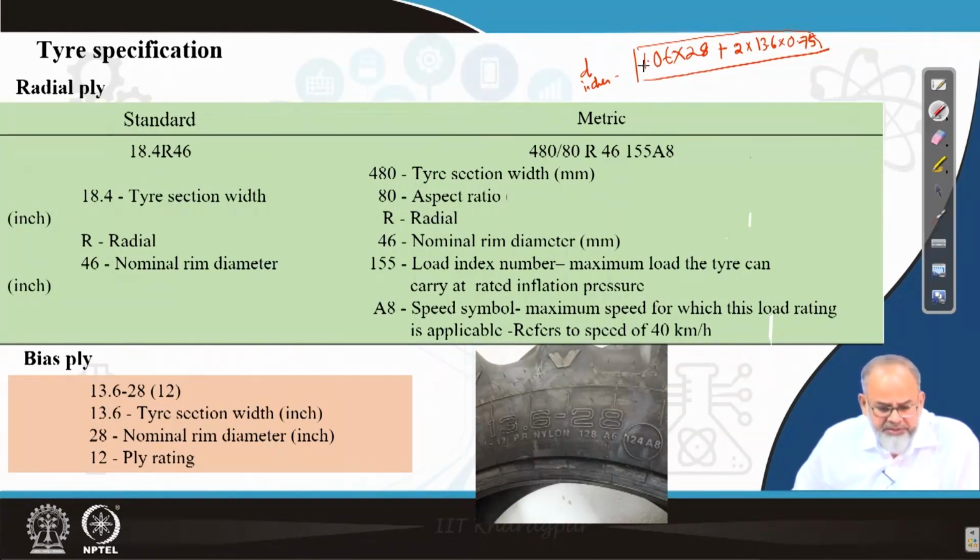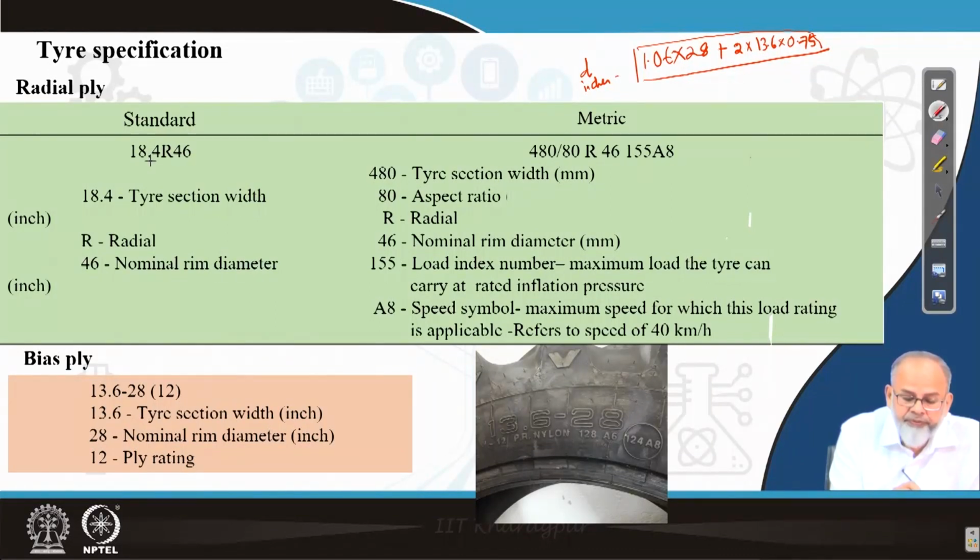Now if you look at the tire specification, radial tire, it is mentioned like 18.4 R46. So the difference between bias ply tire and radial tire is, in bias ply tire there are no alphabets, whereas in radial tire standard system you can see 18.4 there is an alphabet R46.